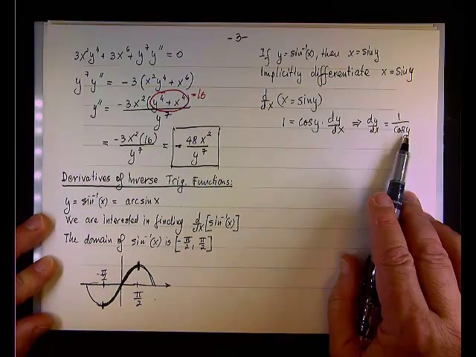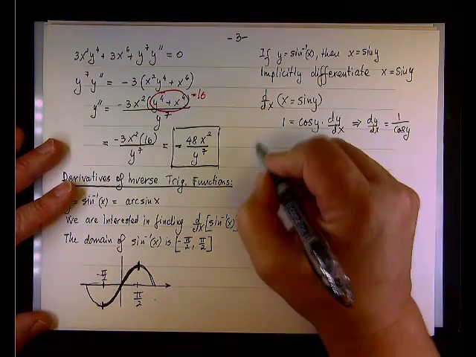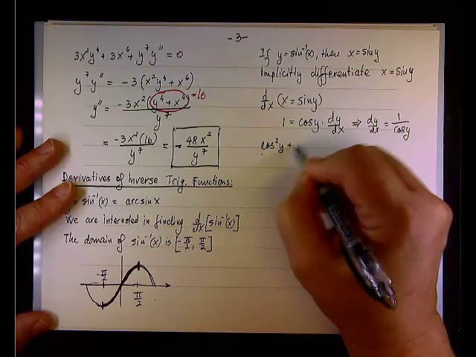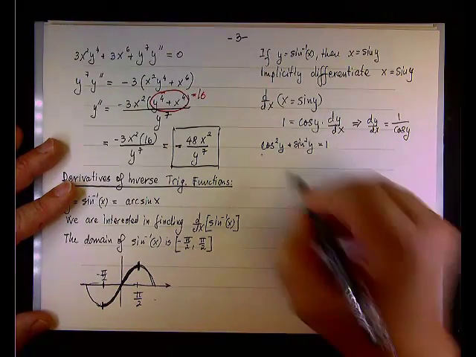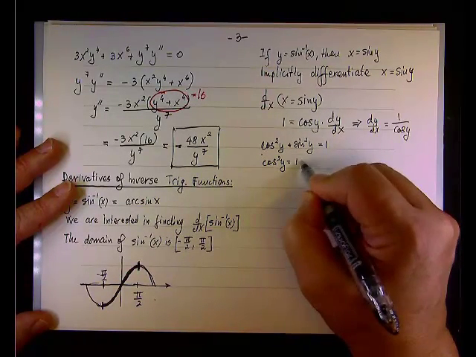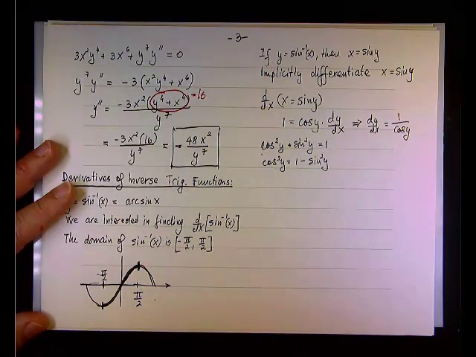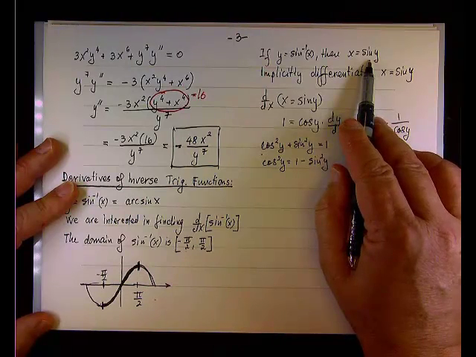So what do we do with the cosine? Well, we go into the basic trigonometric identity, and we recall that cosine squared y plus sine squared y equals 1, and therefore cosine squared y will be 1 minus sine squared y. But what is sine y? Sine y is x.